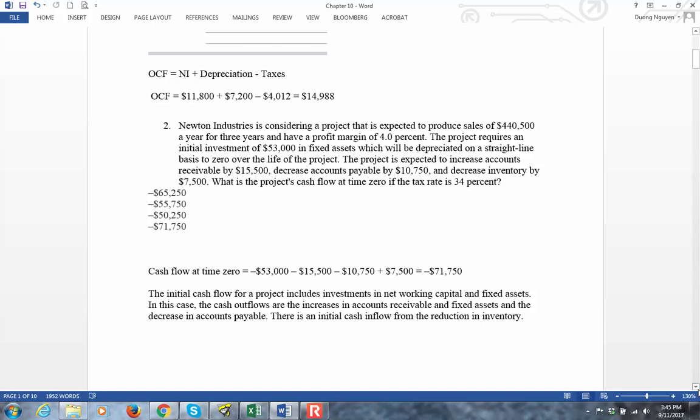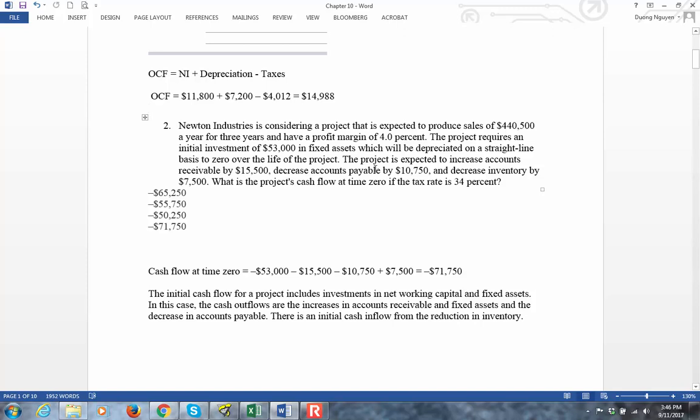Number 2, Newton Industries is considering a project that is expected to produce sales of 440,500 for 3 years, profit margin of 4%, initial investment 53,000 in fixed assets, and depreciated on a straight line basis to 0.